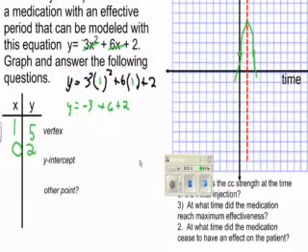And then what time did the medication cease to be effective? That would be here, where the medication strength runs out. And it looks like it would be between 2 and 3 hours or minutes or whatever, it would run out of its effectiveness. So a picture like that can answer a lot of questions.